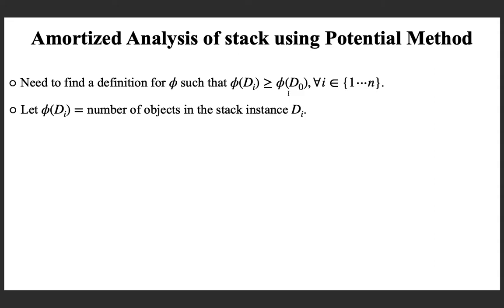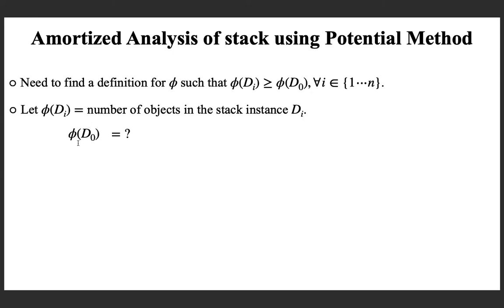Let us define the potential of a stack instance as the number of objects contained in the stack. So, this is a well defined potential function. It is nothing but the number of elements on the stack. So, what is the initial instance potential?